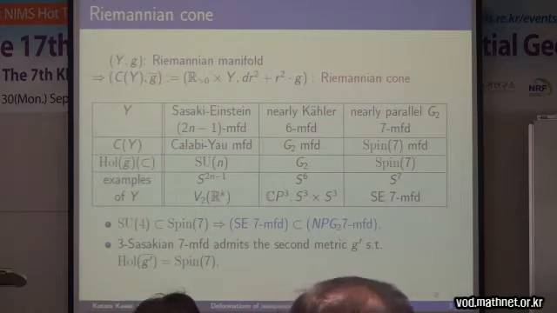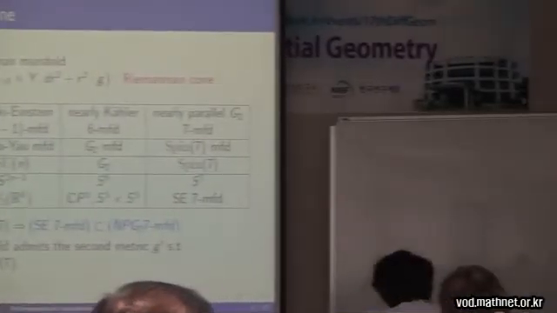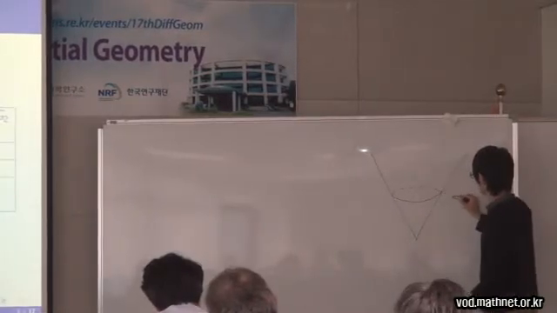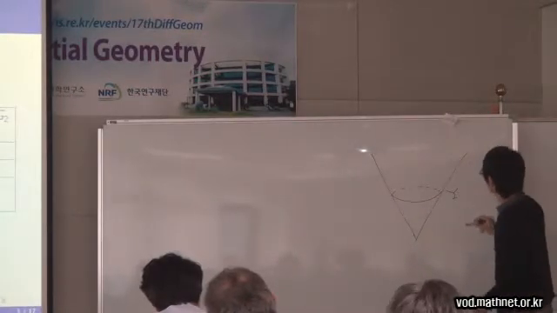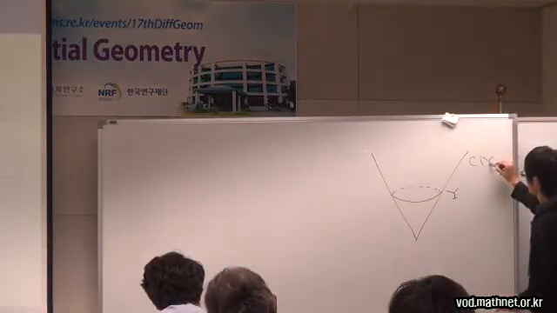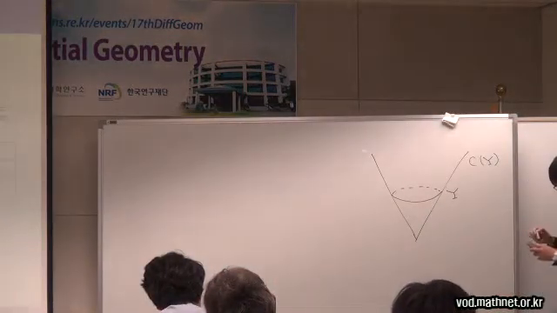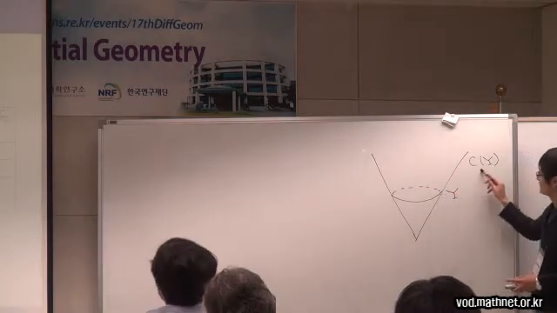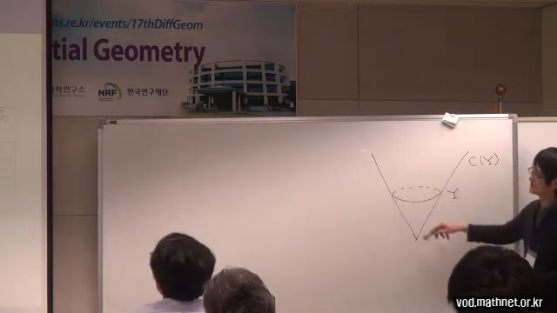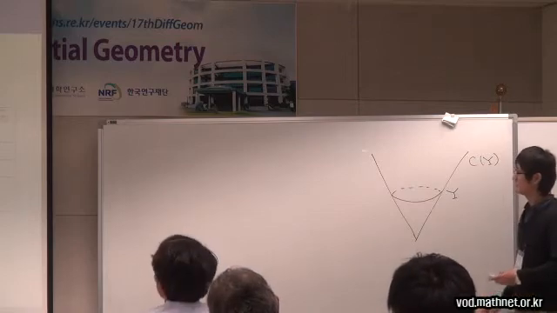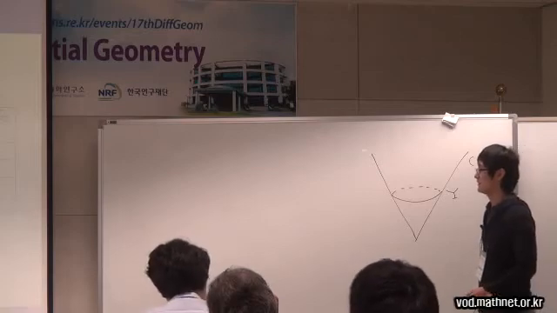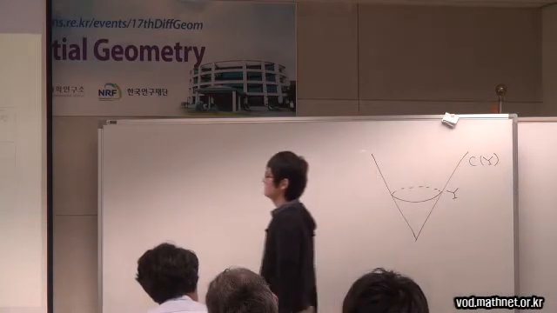Roughly speaking, for a Riemannian manifold Y, consider the cone CY. This is called the Riemannian cone.